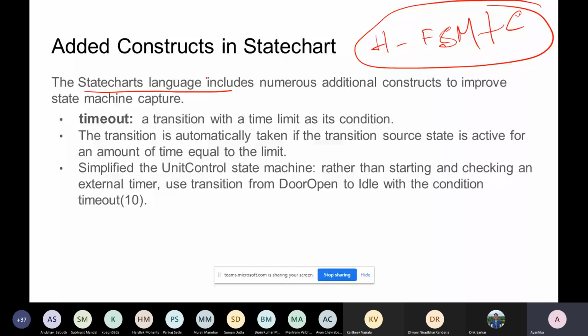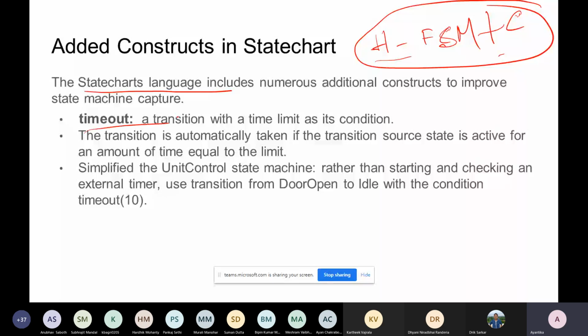Now in that state chart, that is the first notion where FSM was extended with the hierarchy and concurrency concept. So in state chart, there are some extra constructs to make your design proper. Those may be very common requirements of your specification.